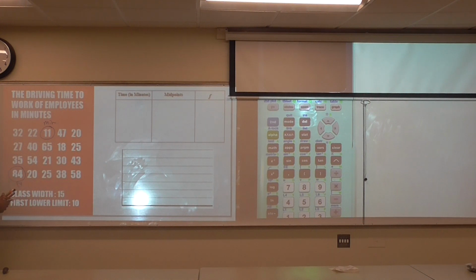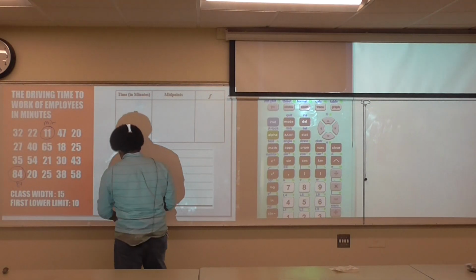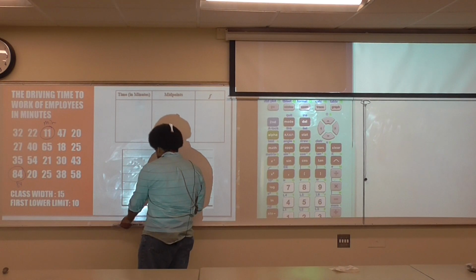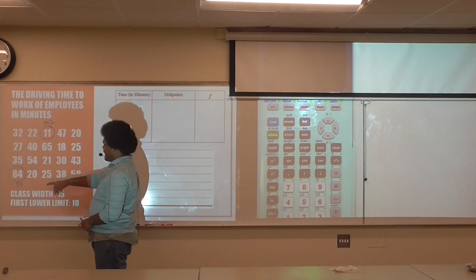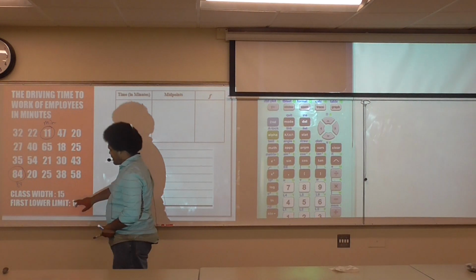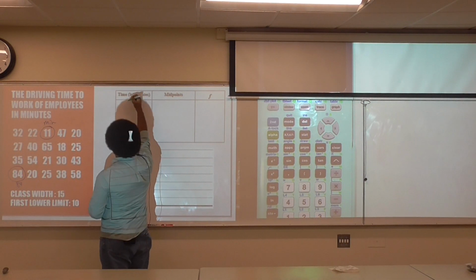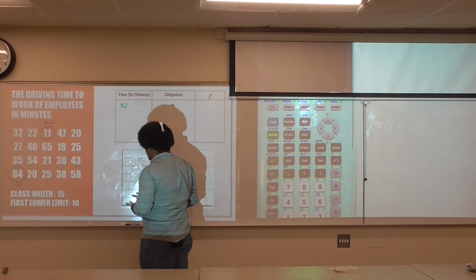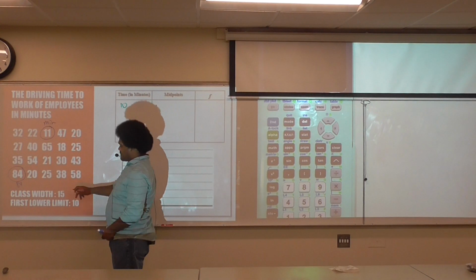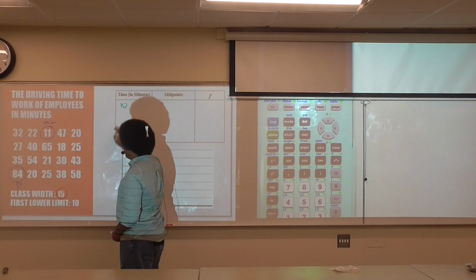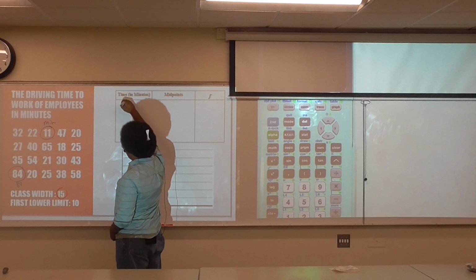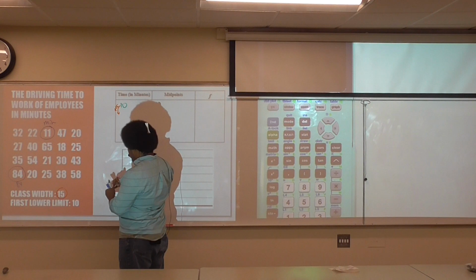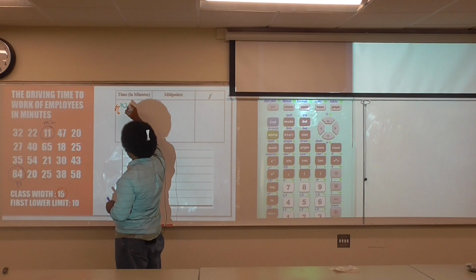So let's do that real quick. We should start at the lowest lower limit, the first lower limit, which is 10, so we write 10 here. We use the class width of 15 to build on, so 10 plus 15 gives 25.